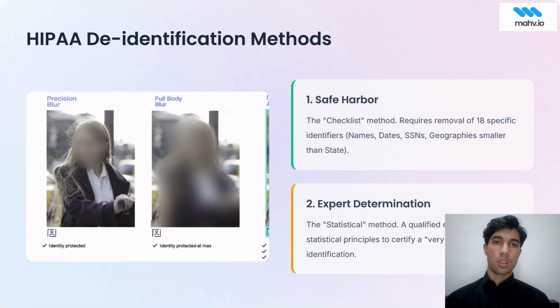First we have the safe harbor, the checklist method, in which the 18 specific identifiers defined by HIPAA are completely removed from the data. These identifiers include names, dates, geographical locations, social security numbers, etc.